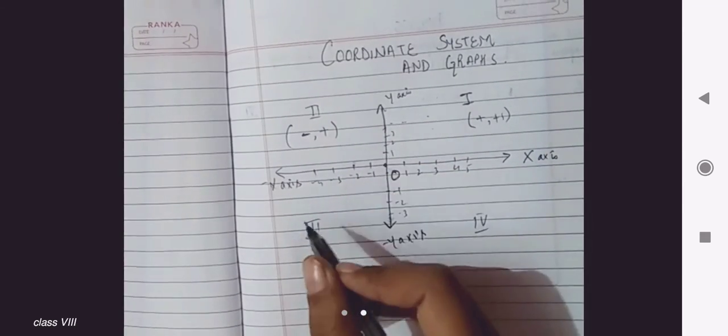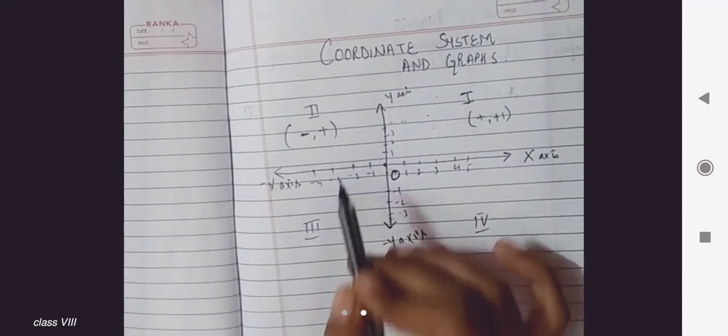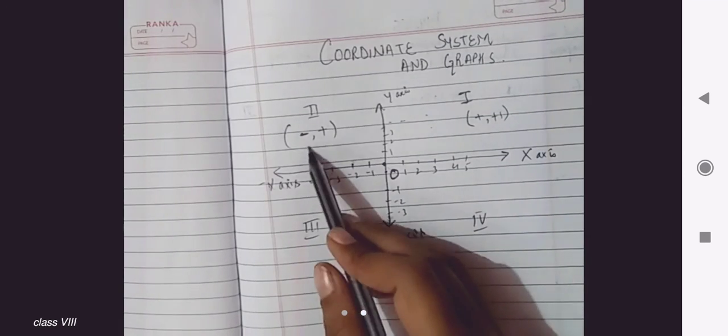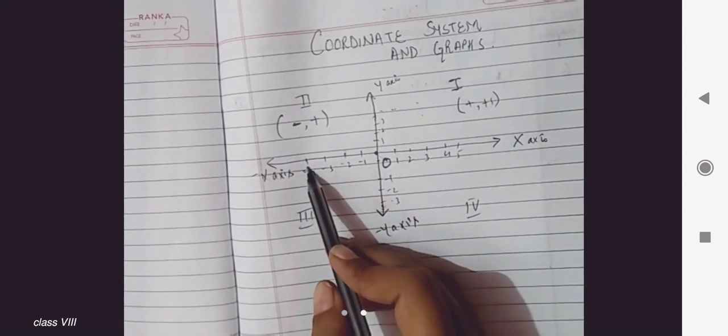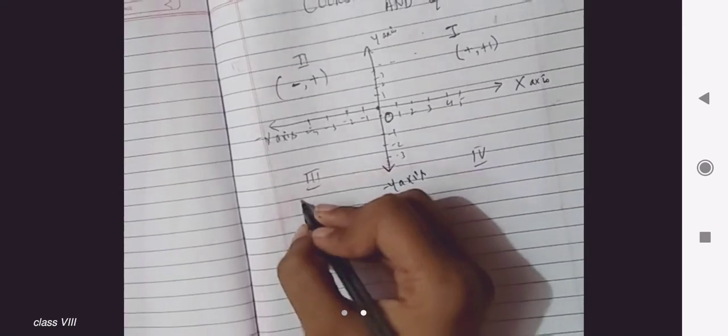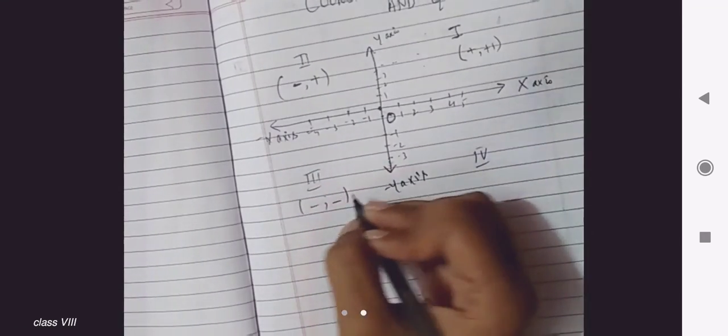Always remember, you write the x-axis first. Here it is negative and this is also negative, so negative comma negative. Here y is negative but x is positive, so positive comma negative.